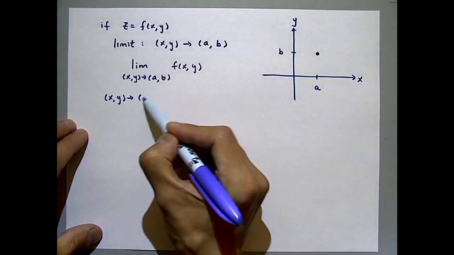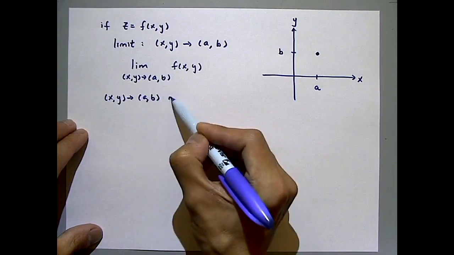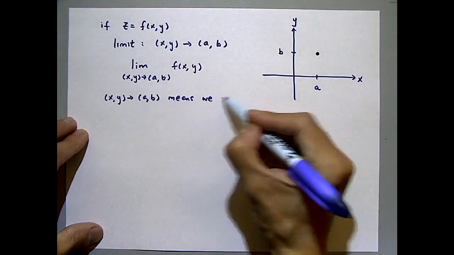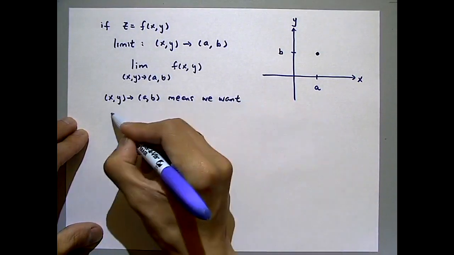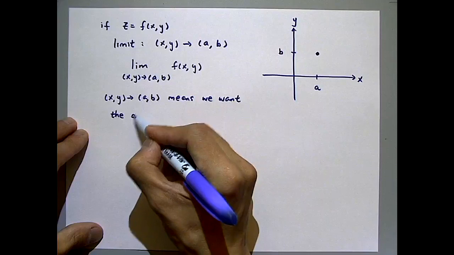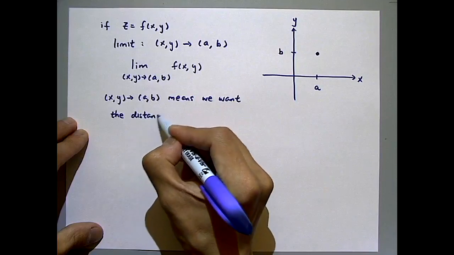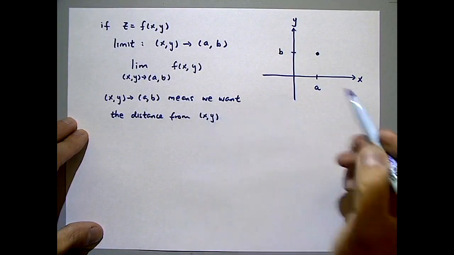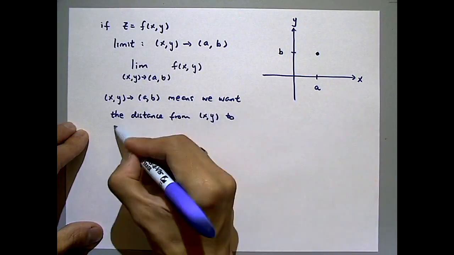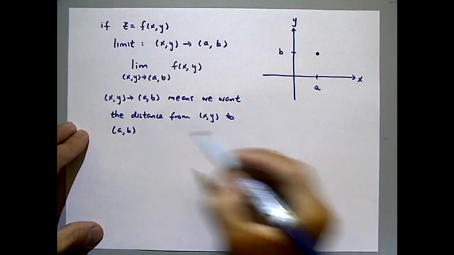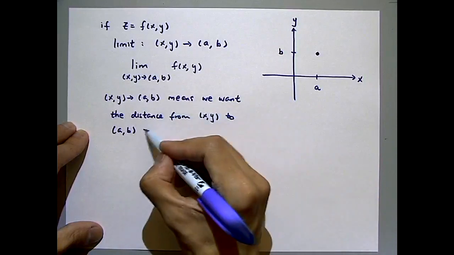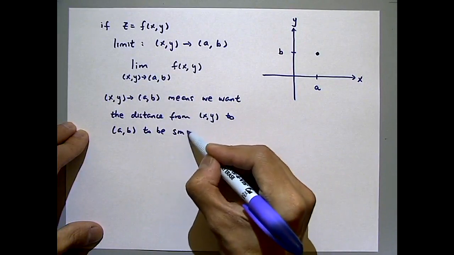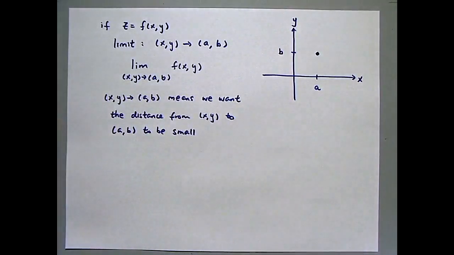The way to interpret this here, this means that we want the distance from some arbitrary point to the specified point to be very, very small.